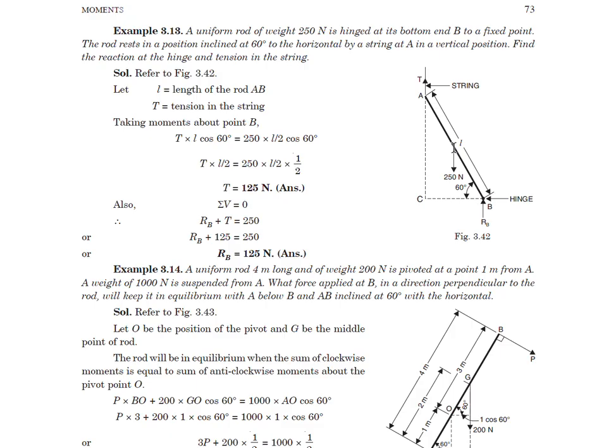Okay, and this way you can find the value of T, because L gets cancelled from the left hand side and right side both, and T is equal to 125.